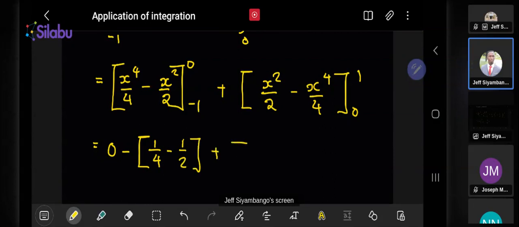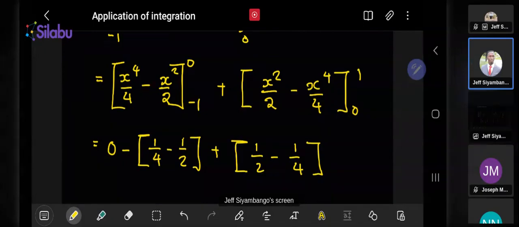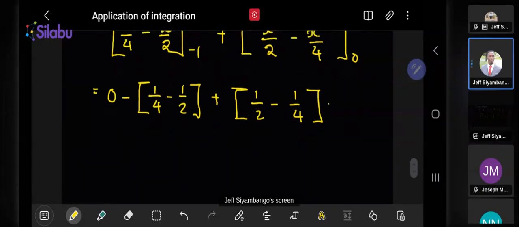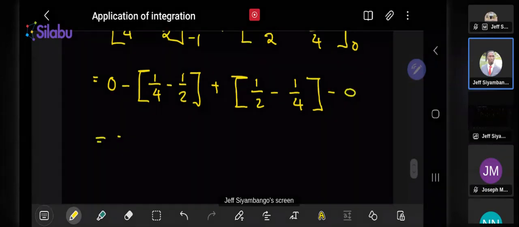Plus the other side, where the one that survives is the first one. When x is 1, we have 1 over 2 minus 1 over 4. When x is 0, all that remains is minus 0. We just do the math now.